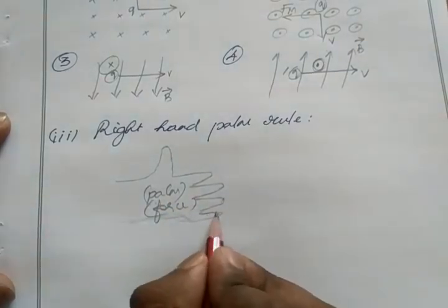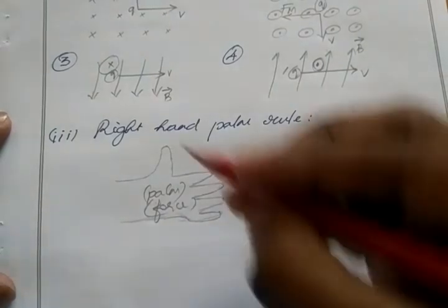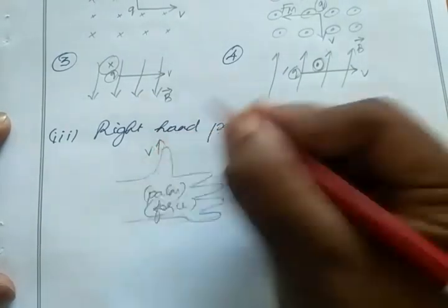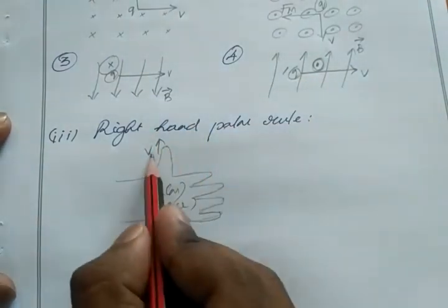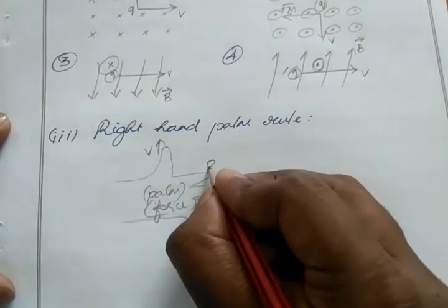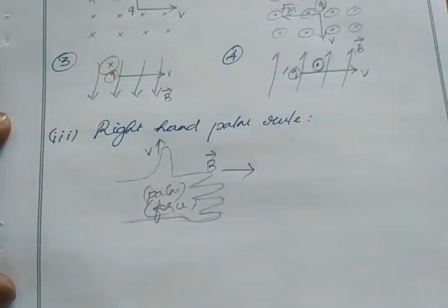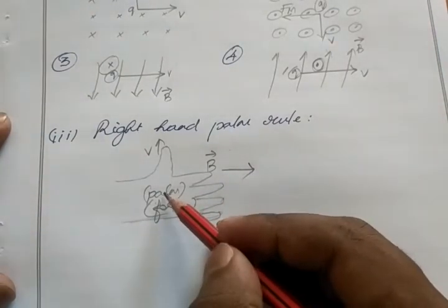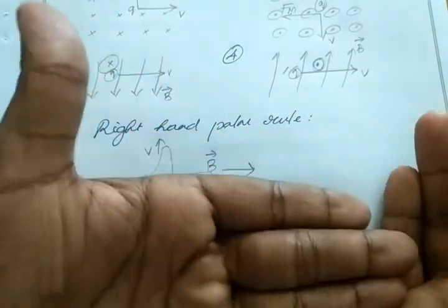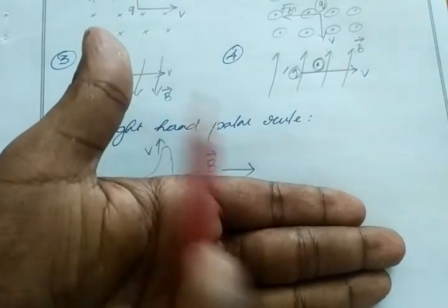Okay, so just imagine yourself, you will understand this. My thumb finger is in the direction of motion of charge. My forefinger shows the direction of magnetic field. Okay, my palm, so like this, see, this is my palm rule. Thumb finger, direction of motion of charge.